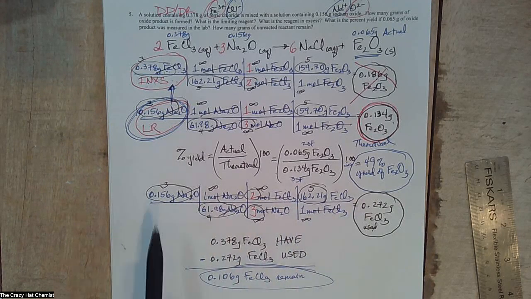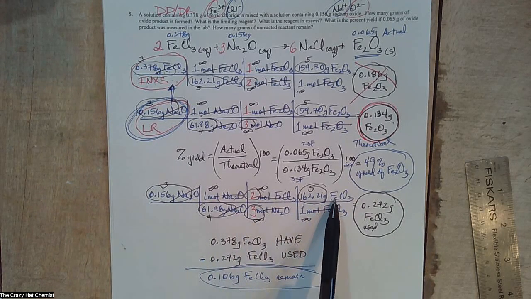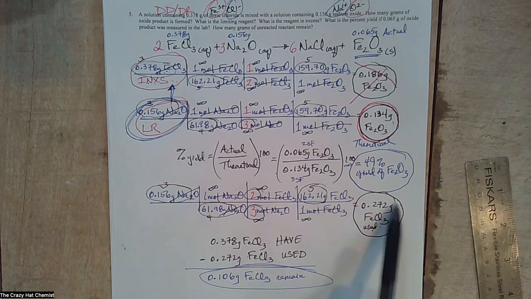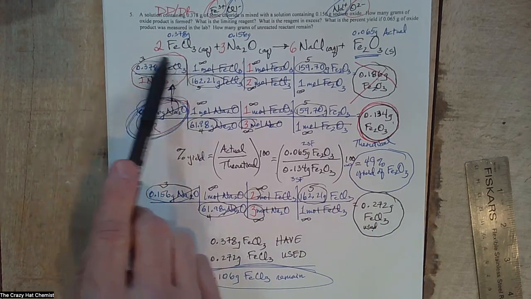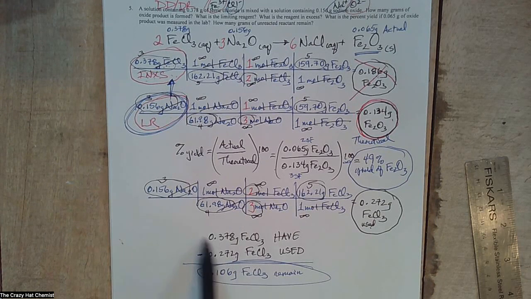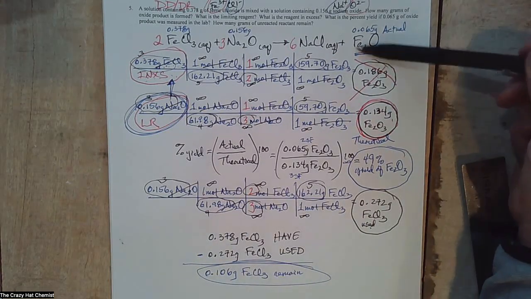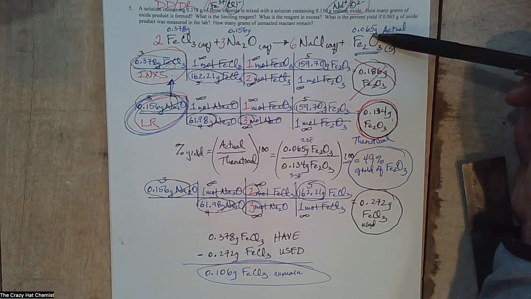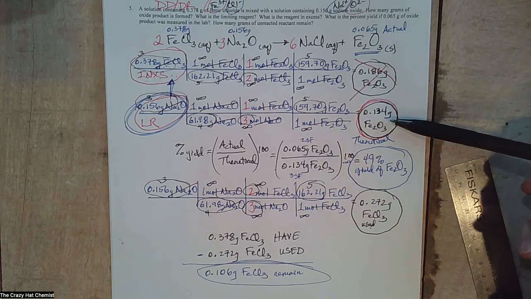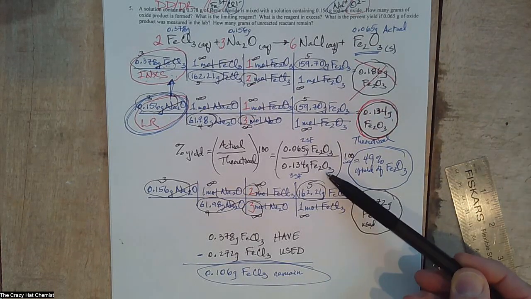That's what we did right here. We took the limiting reagent, converted it to the one in excess, and that tells you how much is used and required or necessary. Then we take the amount of reactant that you have available to you, subtract the amount that is used or required, and then you get the amount remaining. To get the percent yield, you take the actual value of the product that was given, that's in the numerator, divided by the theoretical or calculated value.